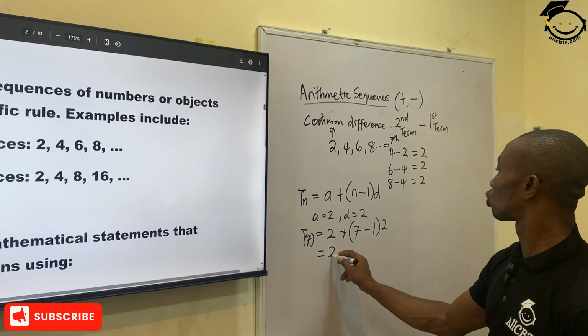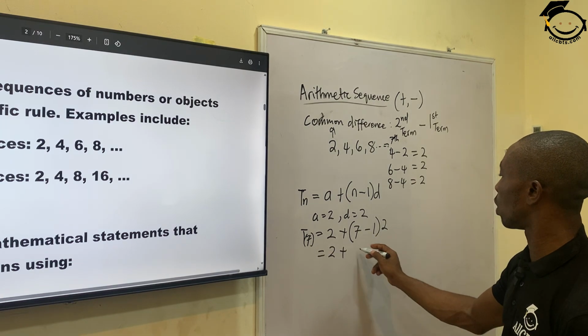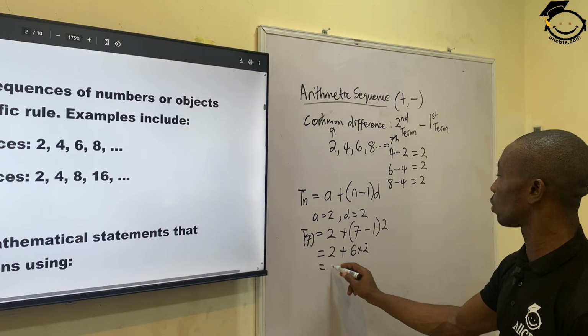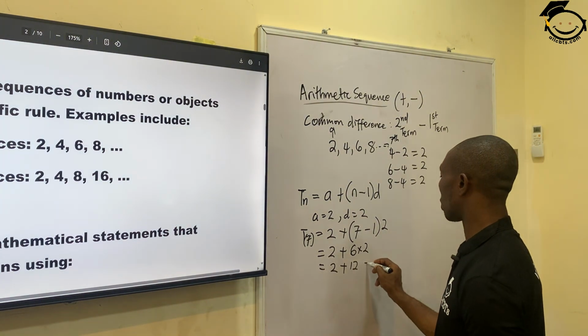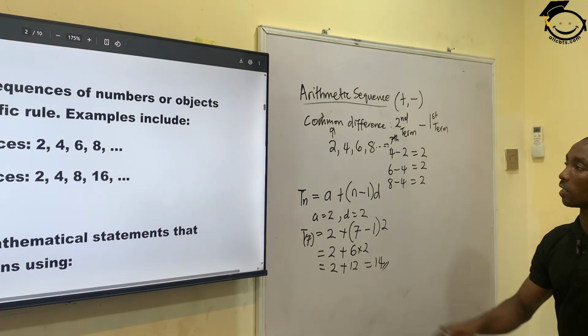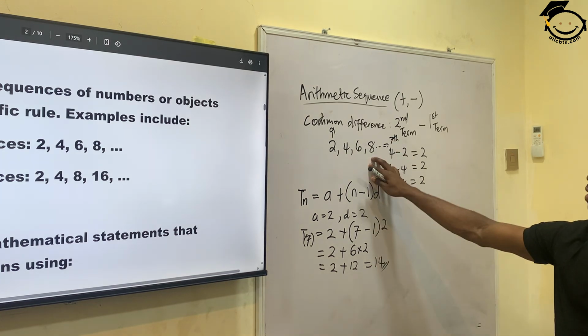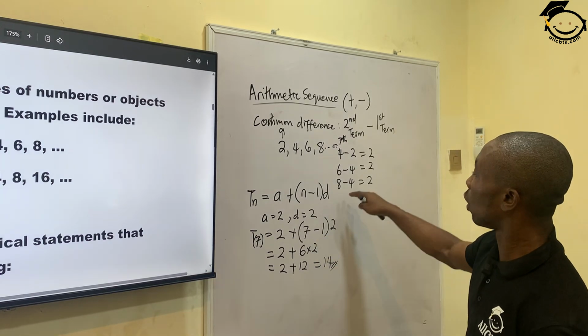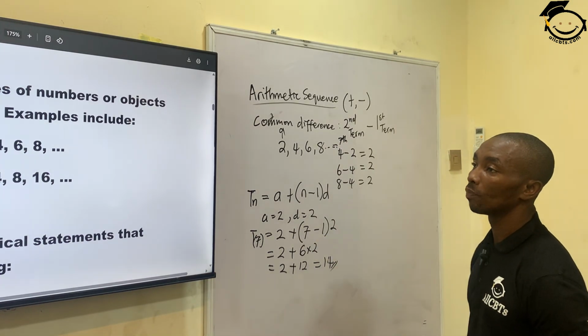This gives us 2 plus 6 times 2. 6 times 2 gives us 12, and 12 plus 2 gives us 14. So the seventh term of this sequence will be 14. And that is how you get the terms in your sequence.